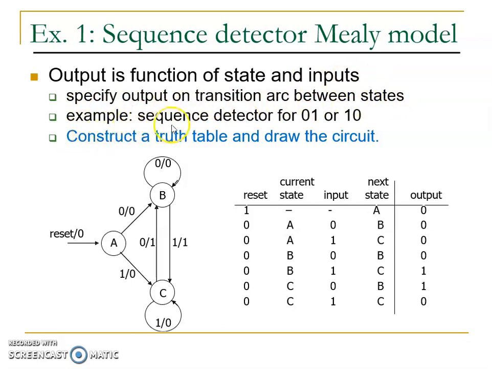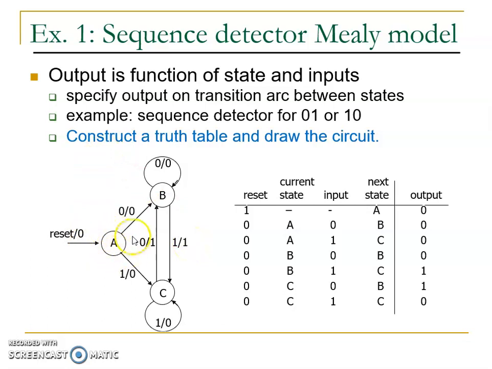So in this example, the sequence detector is for 01 or 10. We need that when the design receives 0 and then 1, or 1 and then 0, the detector will write the output as 1.